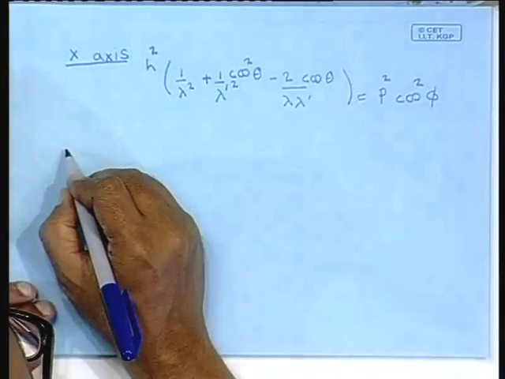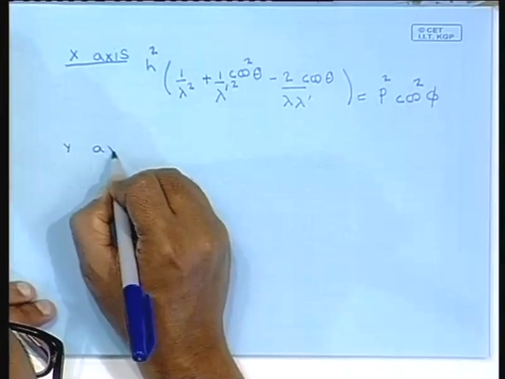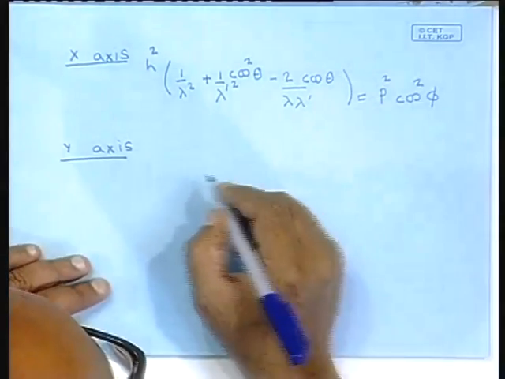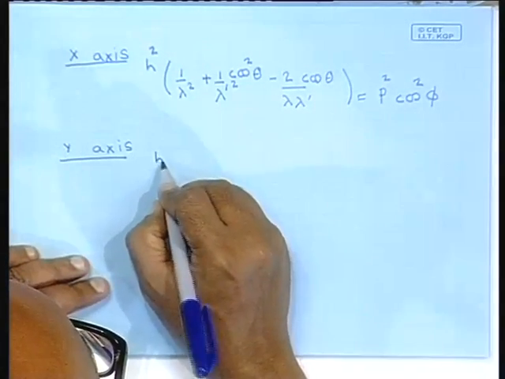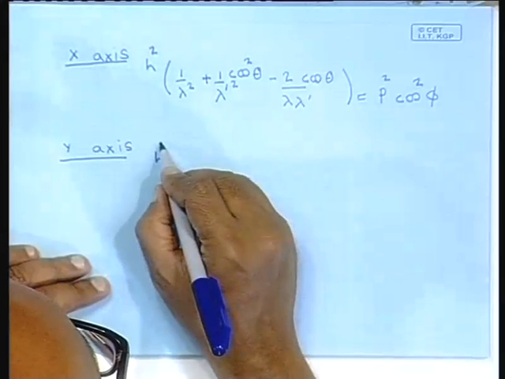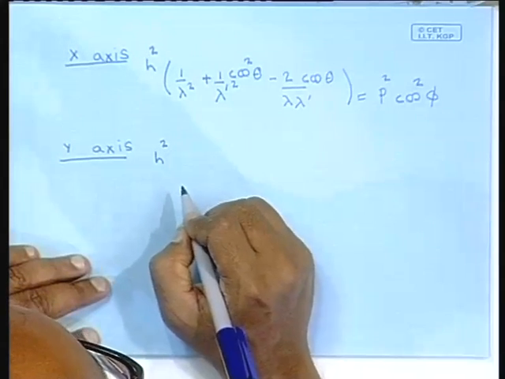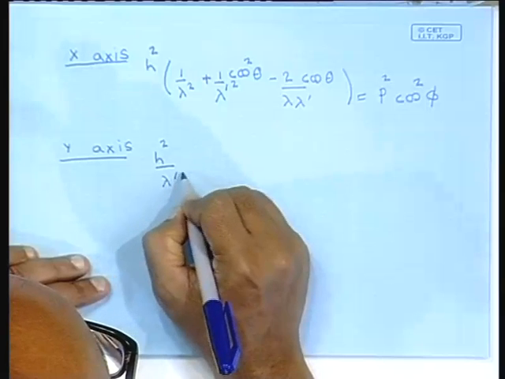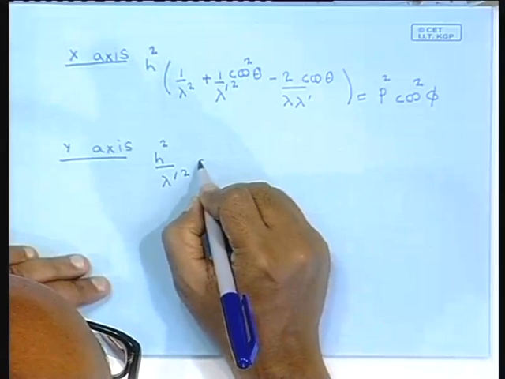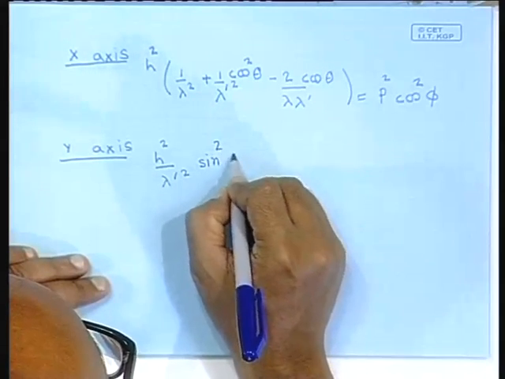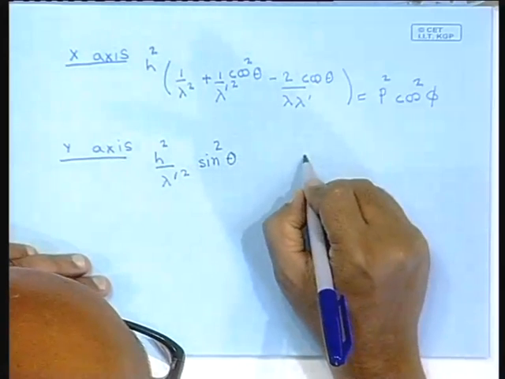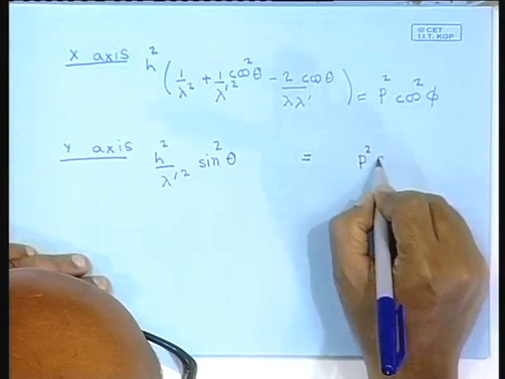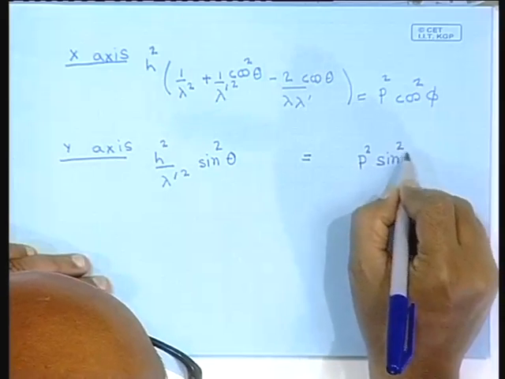And along the y axis, I have h square by lambda prime square sine square theta is equal to p square sine square phi.